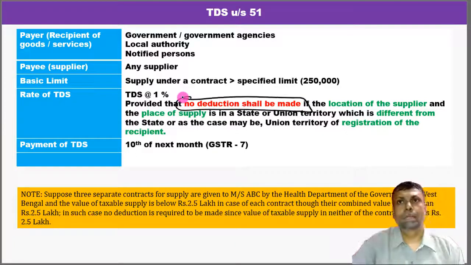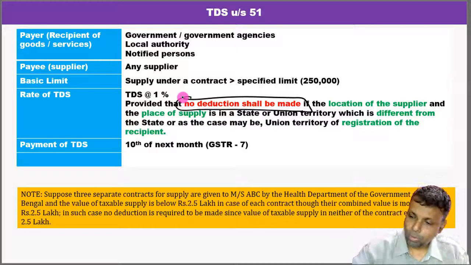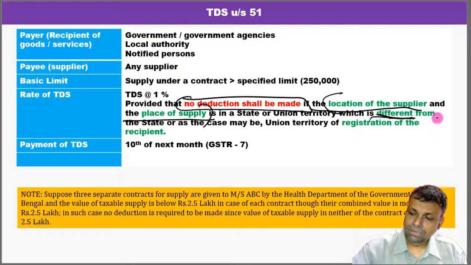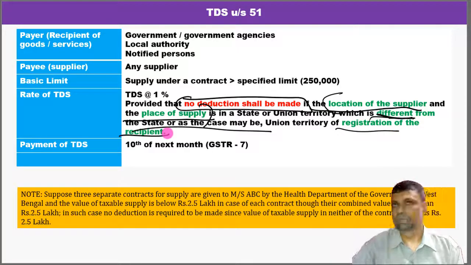shall be made, that means the TDS provision should not be applicable where the location of the supplier and the place of supply is in a state or union territory which is different from the state of registration of the recipient.